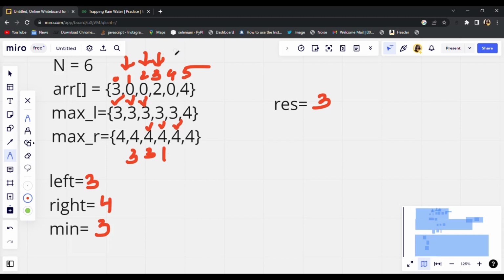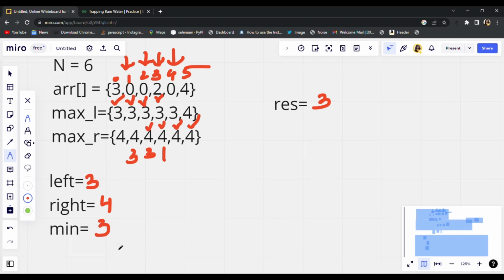Okay, so now we'll proceed to the next index, which is the fourth index, having a height of 0 again. We'll see the maximum height of the block on the left side of the current block, that is 3 again, and on the right side of the current block, which is 4 again. Now we need to find the minimum among these, which is 3.